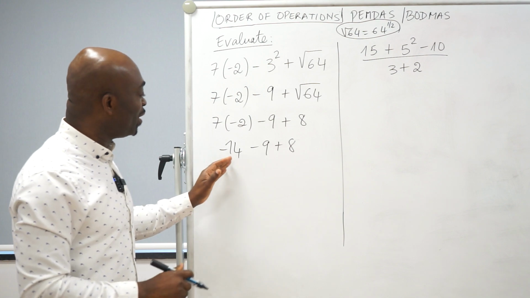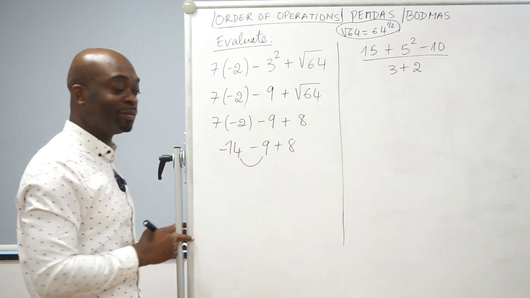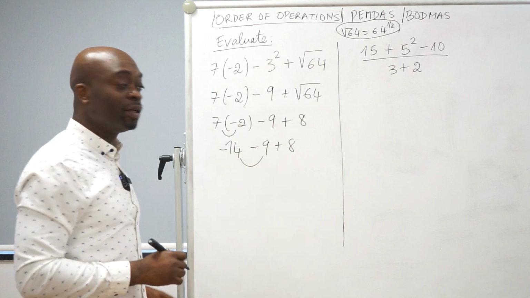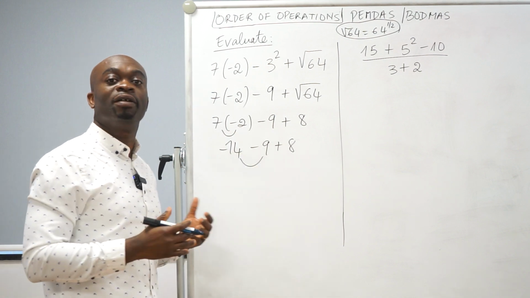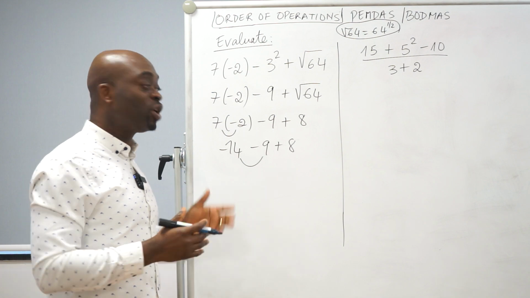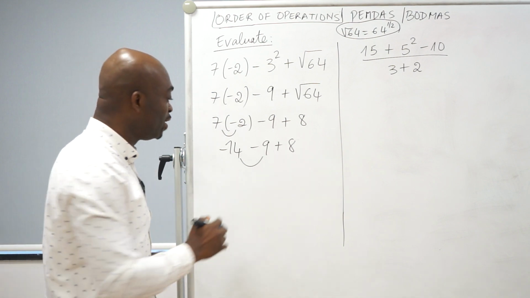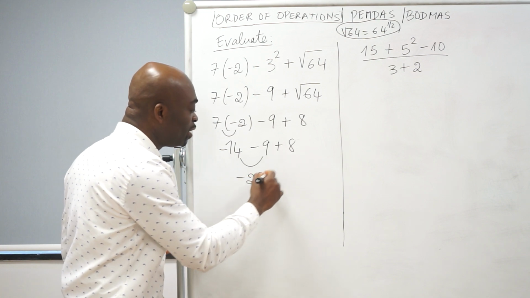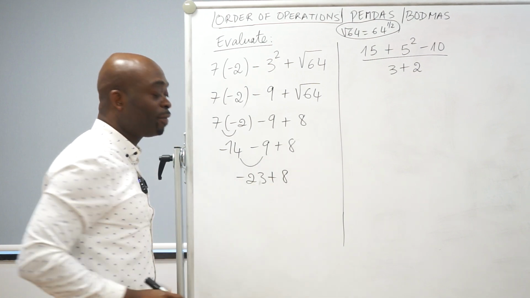Okay? So -14, so we're going from the left to the right. Also again here. Okay? So -14 and -9 is going to give us what? -23. Because both of them carry the same sign, which is negative sign. You add and you keep the sign. So it's going to give you -23. Then you bring down the 8. All right?